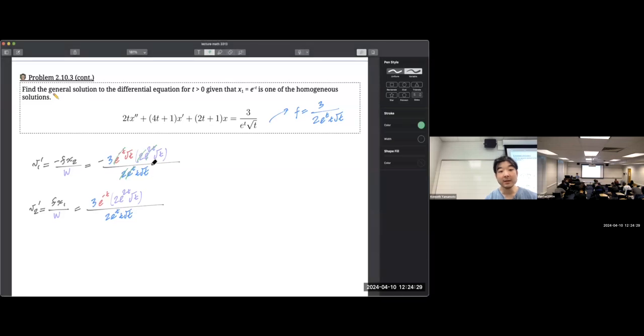The square root of t and this square root of t will cancel. So after all of that, you're just going to have -3 over, there's a square root of t here, but there's a full t here, so that's square root of t on the bottom. Okay, and then let's just integrate this.